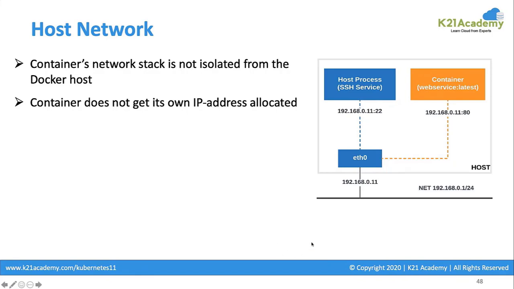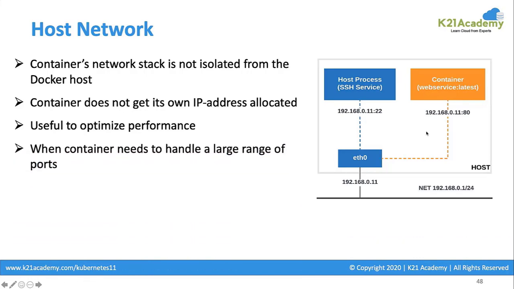Rather, if you see in this particular example, the host IP address is 192.168.0.1, and that becomes the IP address of this container. What advantage are we getting out of this? In case we want to optimize the performance, we would be able to process the packet much more quickly, because here, if you see, this is the public IP address, and even this is the public IP address.